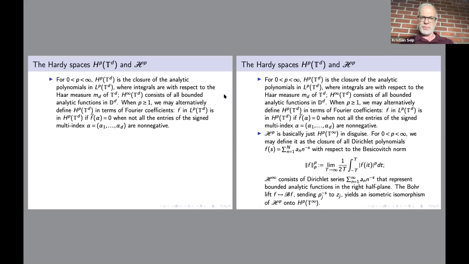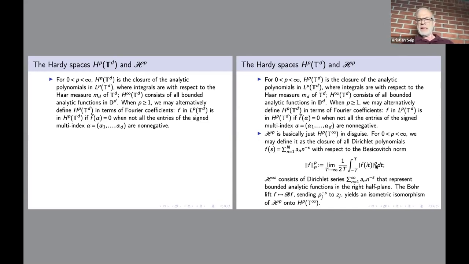Okay, so then you have H^p on the torus, and then there is another Hardy space which I call curly H^p, which is really H^p of T infinity in disguise. So then we are looking at Dirichlet series, and we take the closure of all Dirichlet polynomials, finite sums like this, a_n n^(-s), with respect to what is usually called the Besicovitch norm.